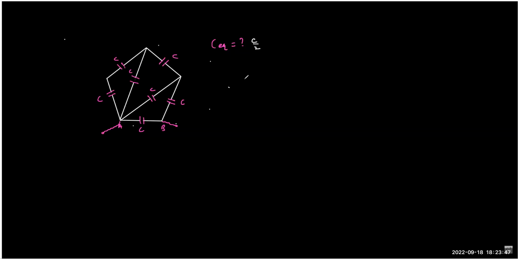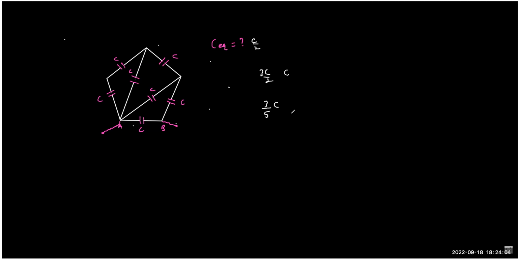So I can see C by 2 and then C is 3C by 2, 3C by 2 and C. 3C by 2 and C is how much? 3 by 5 C, right?